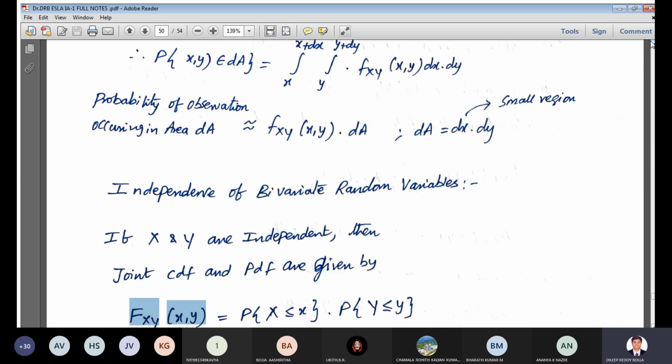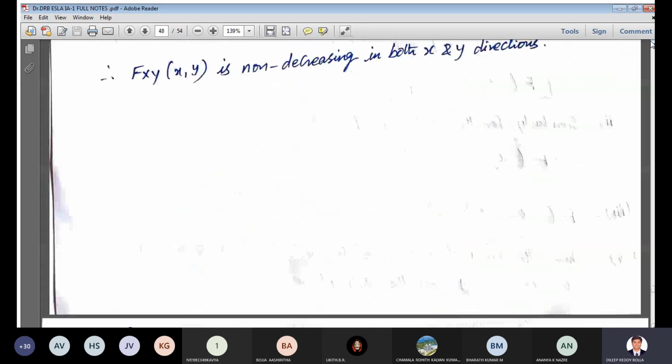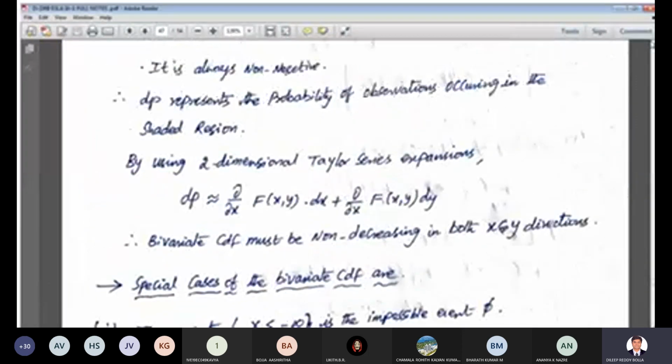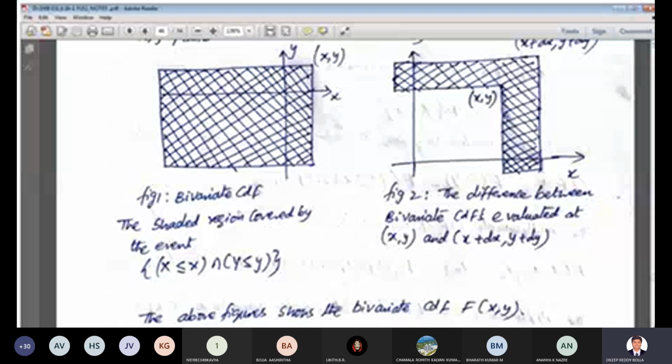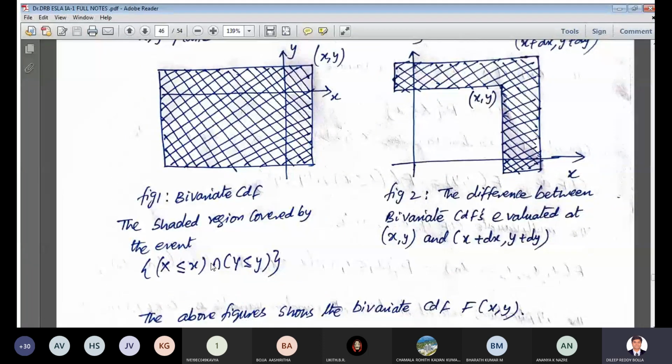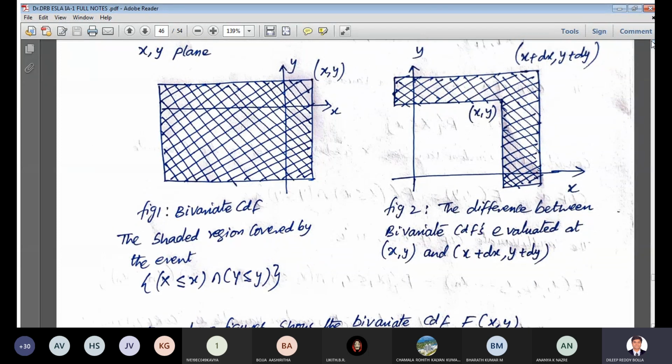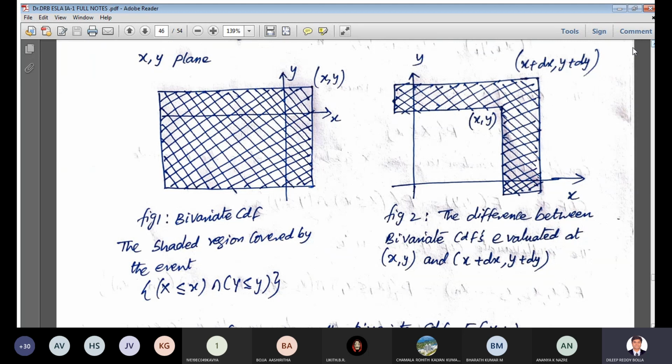You can see this CDF formula here. We write it like this: intersection of X value, intersection of Y value. If X is independent and Y is also independent, do you get any intersection?